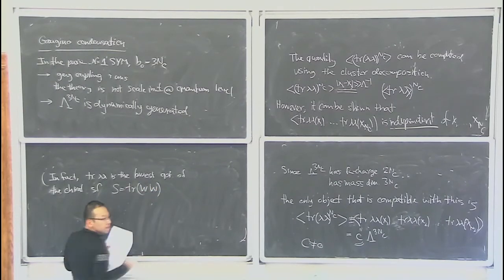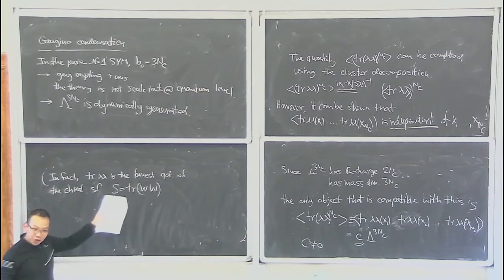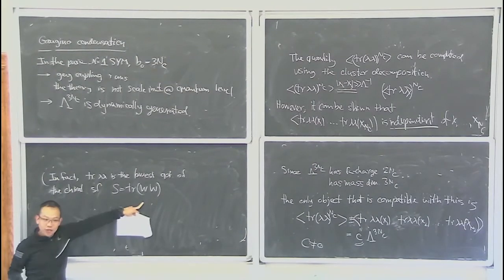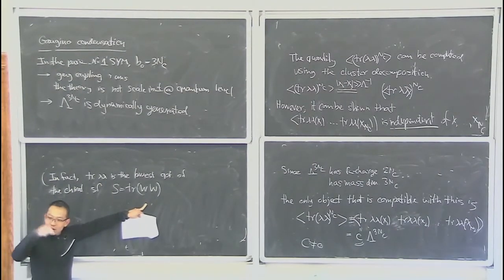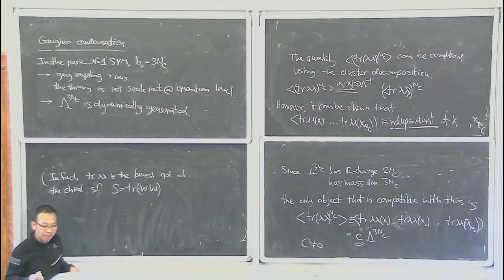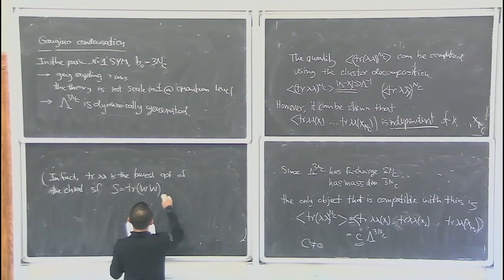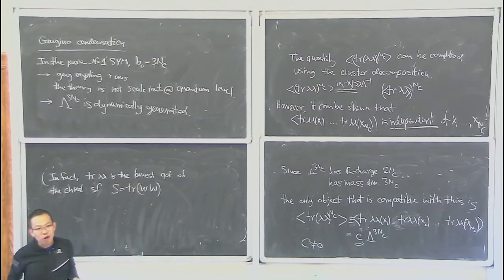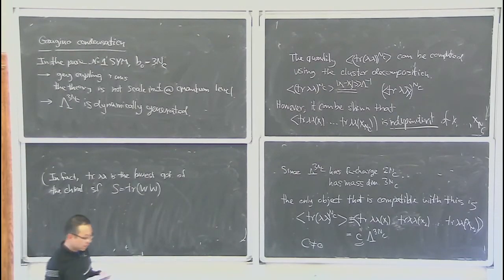Okay? Do you agree that this is a chiral operator? So do you agree that this is the lowest component? Because W has a lowest component being lambda. Now you contract two of them. You get trace lambda lambda. Okay? This has a name, S. Some people call it the glueball superfield. Okay?